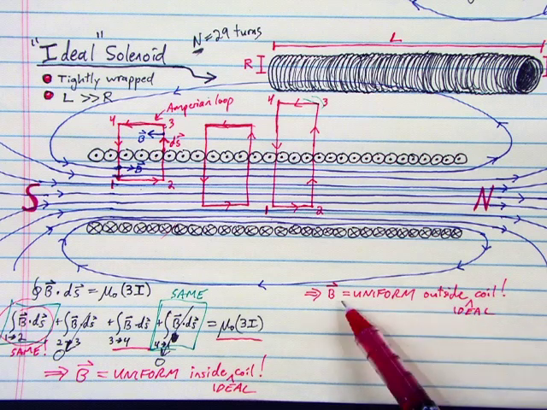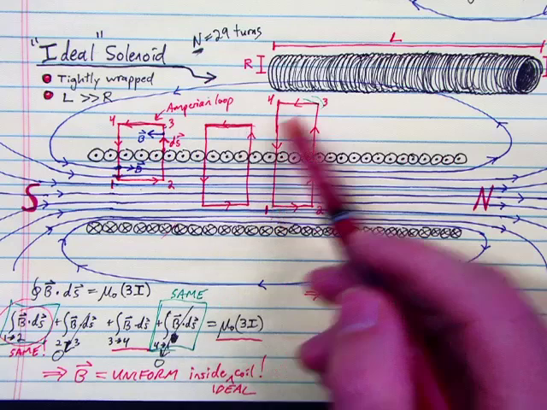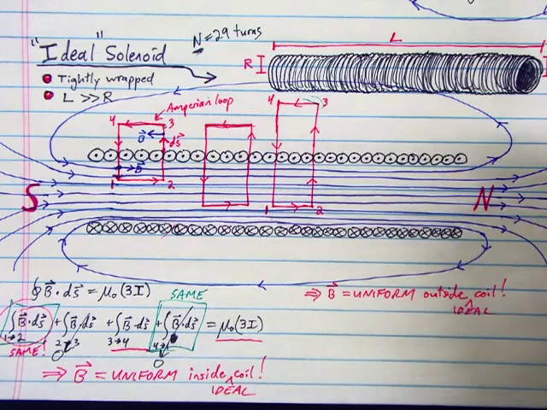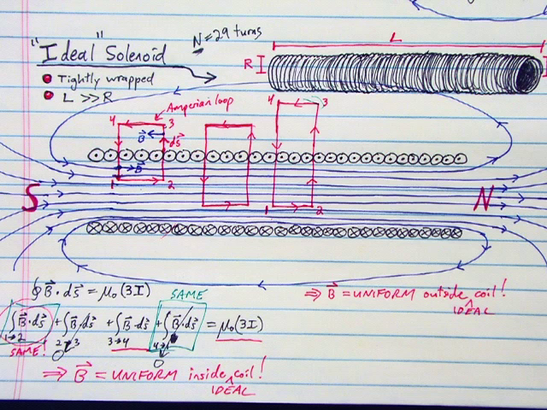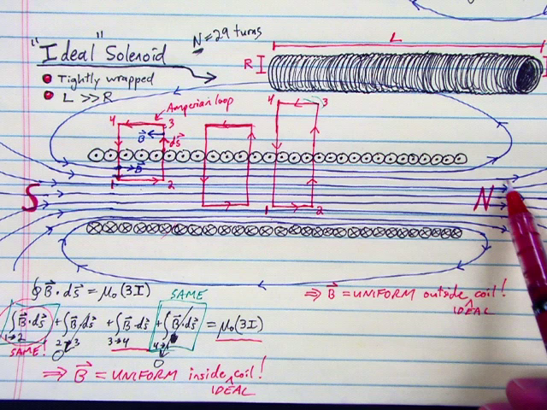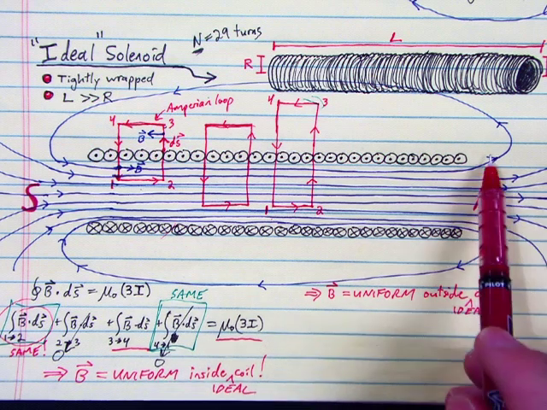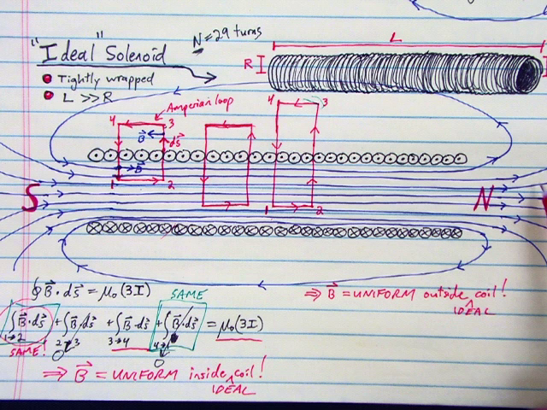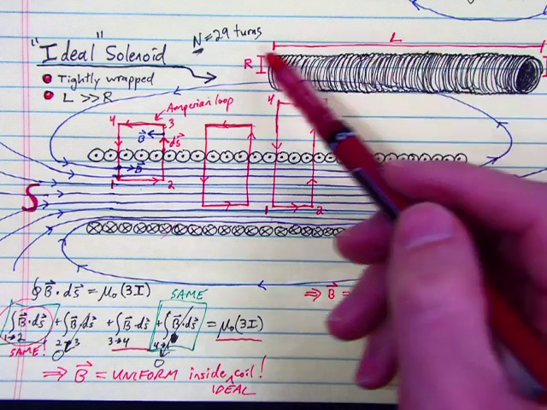Okay, but we can go even further. If the B field is the same everywhere outside the coil, then, well, what value does it have? Take a look at these magnetic field lines exiting over here. I've got, looks like 8 field lines coming out, and then they're curling around and spreading and returning, coming all the way back.